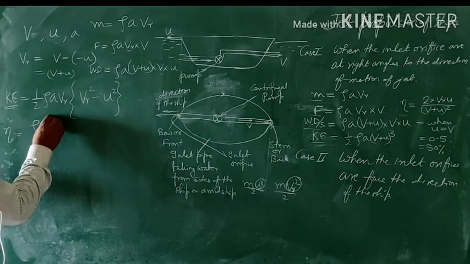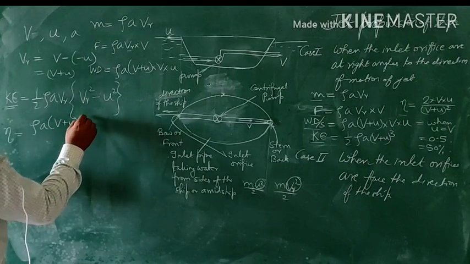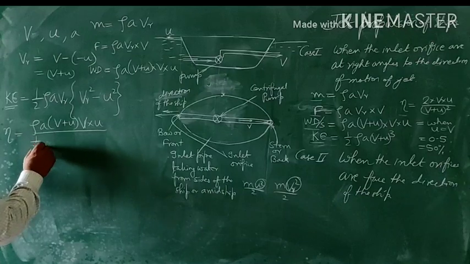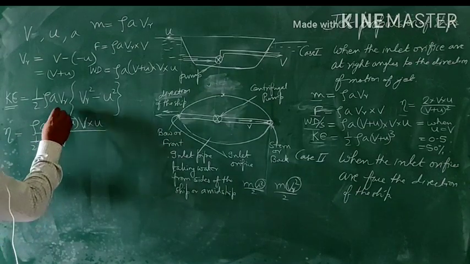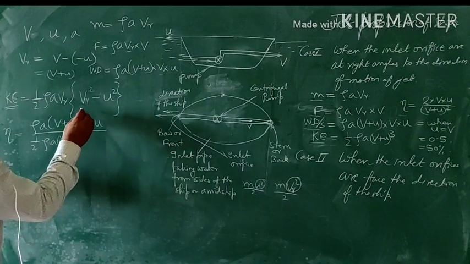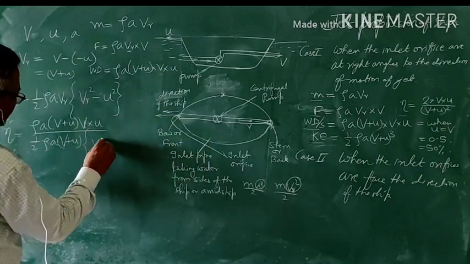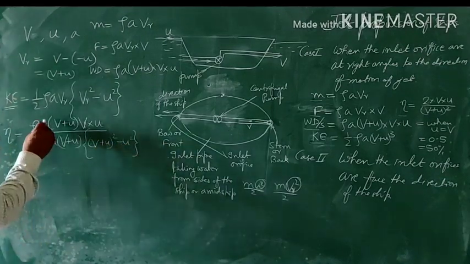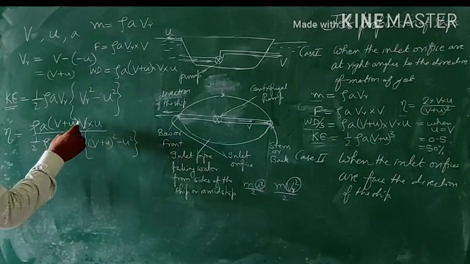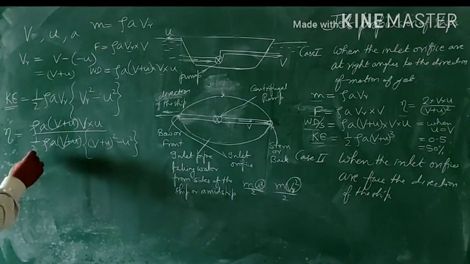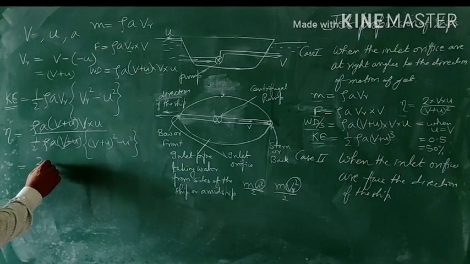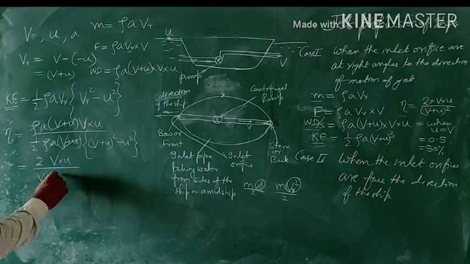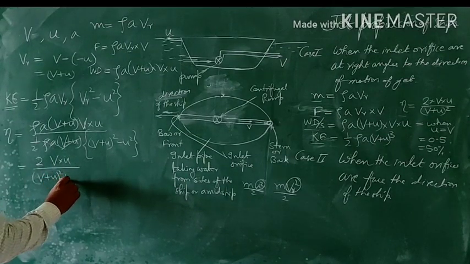So it will be rho A V (V plus U) into V multiplied by U, divided by 1 by 2 rho A Vr, that is V plus U, multiplied by (V plus U) square minus U square. So rho A cancels, V plus U cancels, the 2 will come upside, so 2 V into U upon (V plus U) square minus U square.